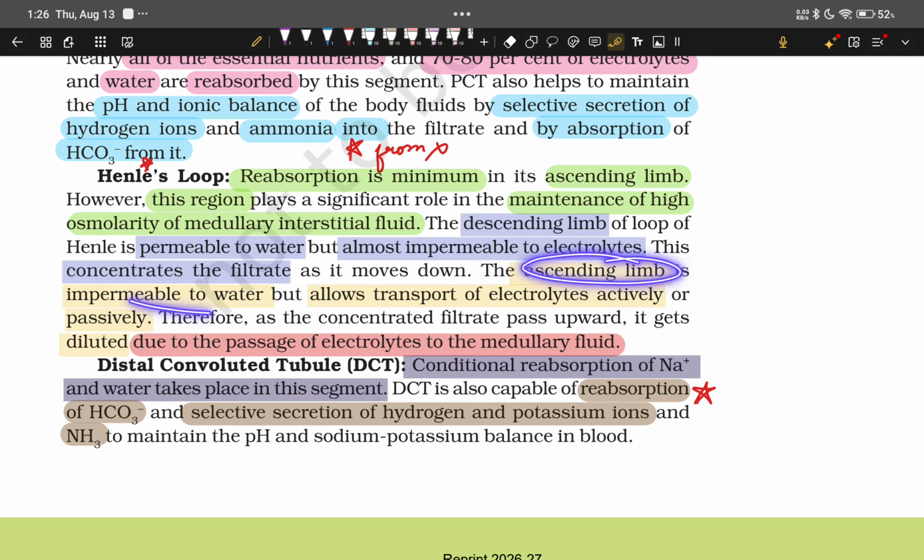The ascending limb is impermeable to water and permeable to electrolytes, so it allows the movement of electrolytes actively or passively. That is how the concentrated filtrate, which was formed because of the descending limb, passes upward, and once it passes upward, it is diluted due to passage of electrolytes into the medullary fluid.